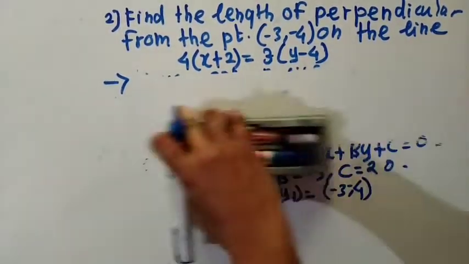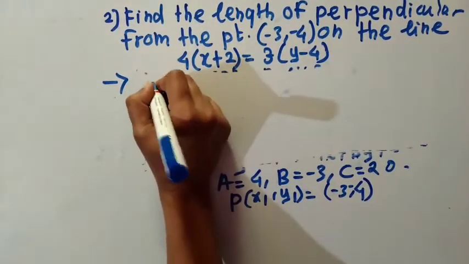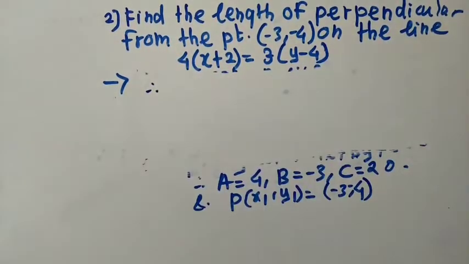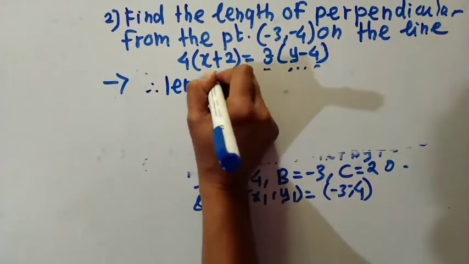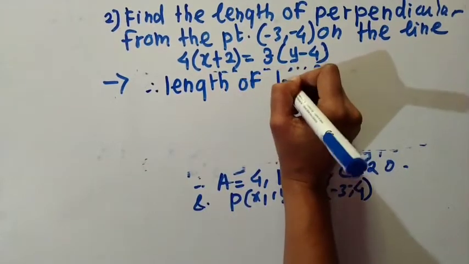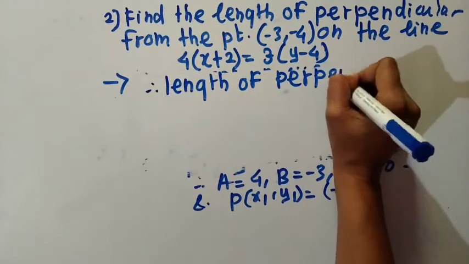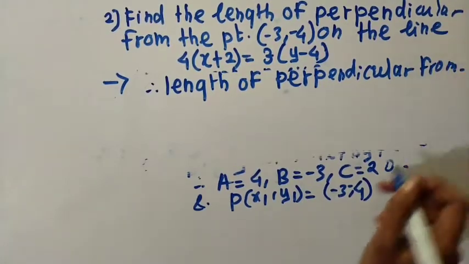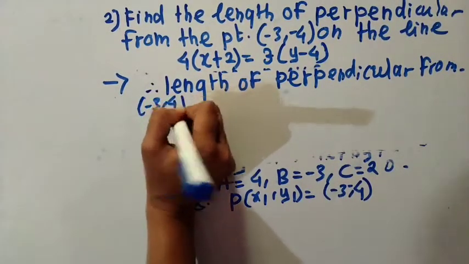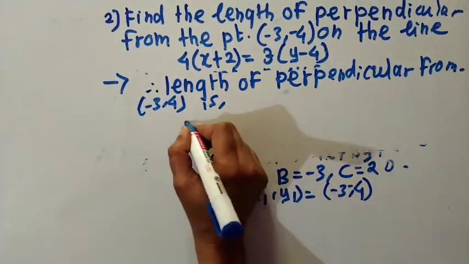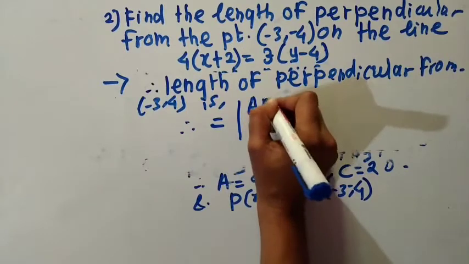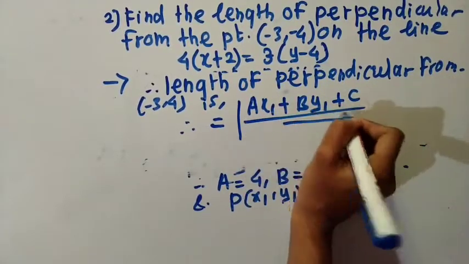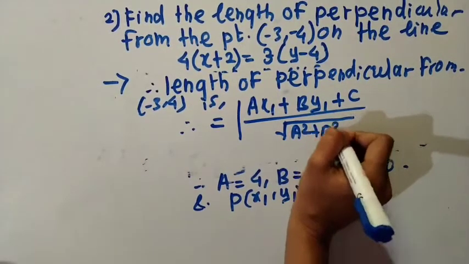So the length of the perpendicular from the point (-3, -4) is equal to |ax1 + by1 + c| upon root of a square plus b square.